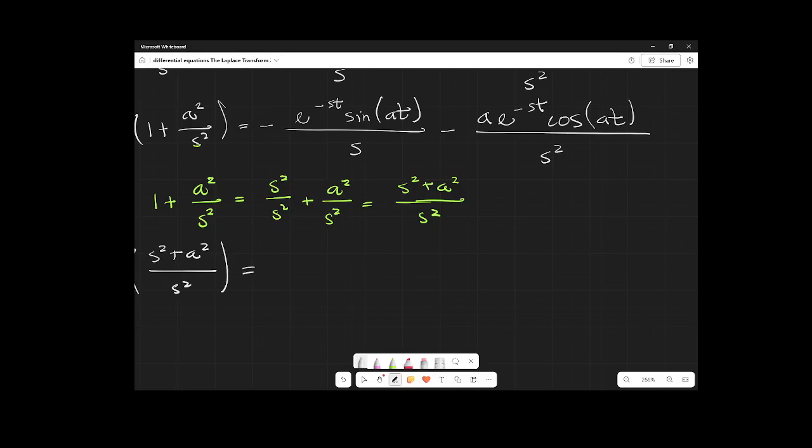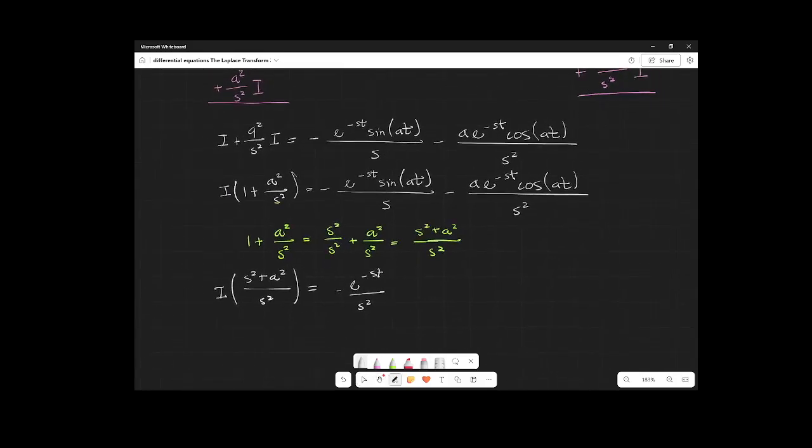And then factoring out the right side here, I'm just going to factor out a negative e to the negative st over s squared. And that will leave us with s on top times sine of at and then plus a times cosine at.